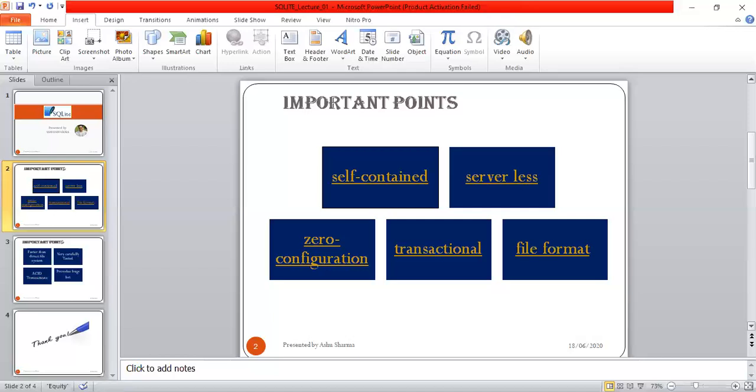This is another important feature. Now, the next one is transactional. A transactional database is one in which all changes and queries appear to be atomic, consistent, isolated, and durable. As we have seen in previous videos, these ACID properties are very important, and SQLite implements serializable transactions that are atomic, consistent, isolated, and durable.